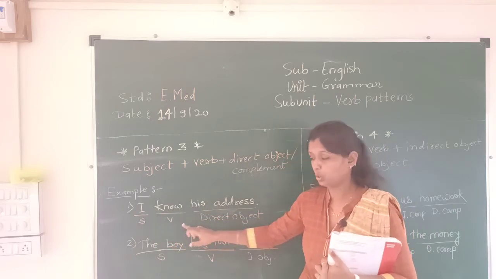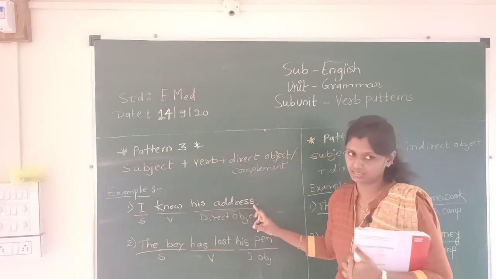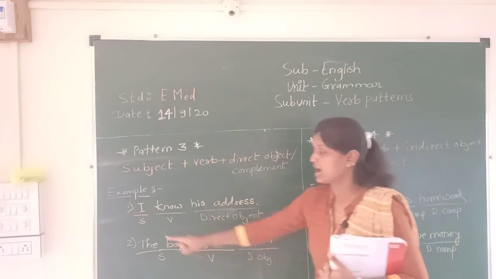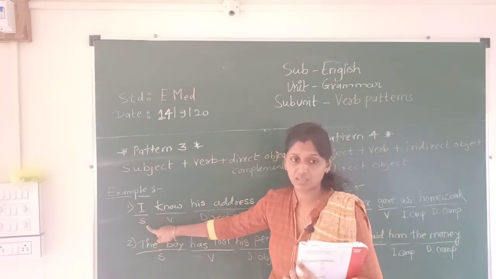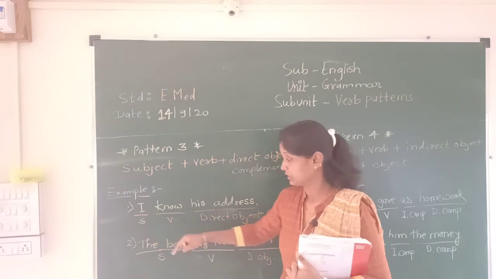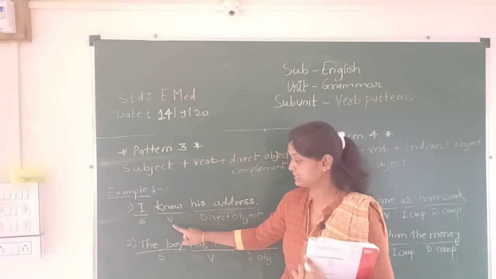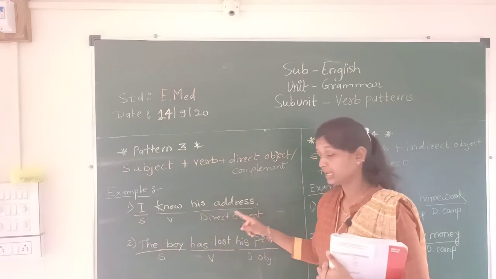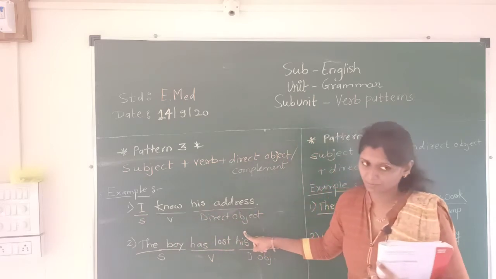I know his address. In this sentence, I is the subject part. Then know is the verb part. His address is the direct object part.